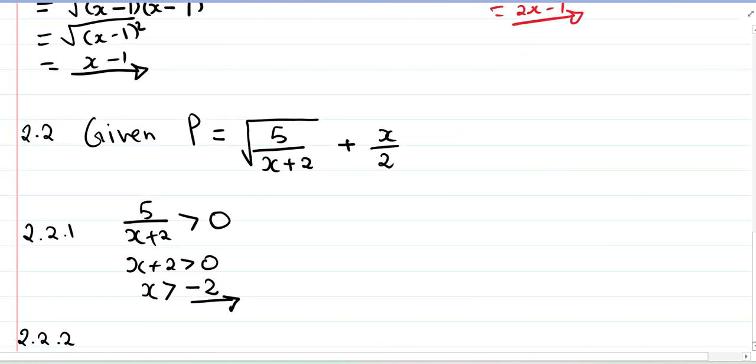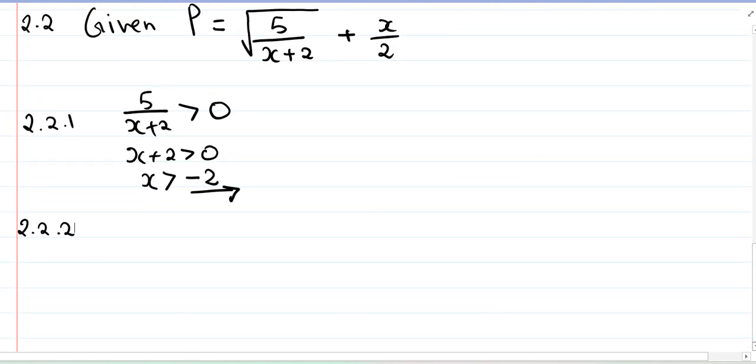So p is equal to the square root of 5 over, it was x here, I put in 3, plus, it was x here, I put in 3.